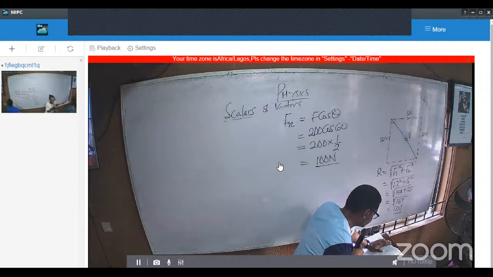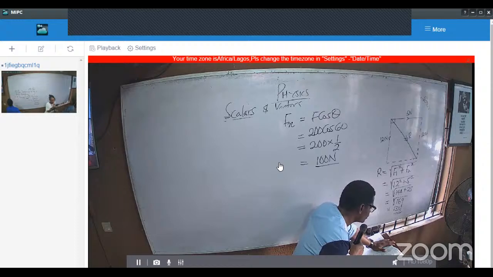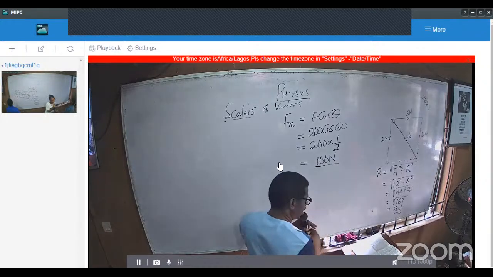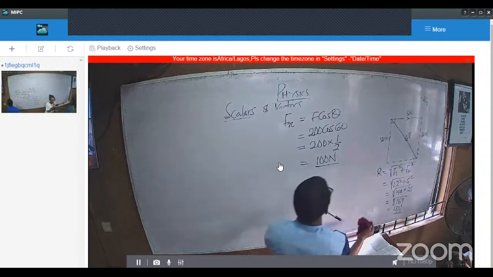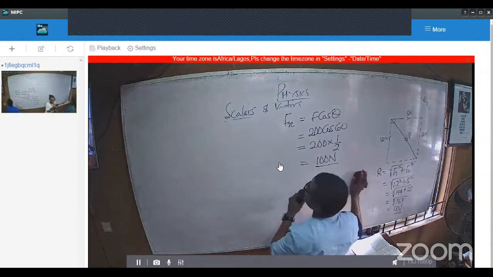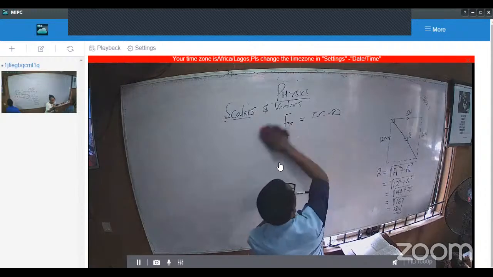Number 7. Find the magnitude of the resultant force shown in the figure below.